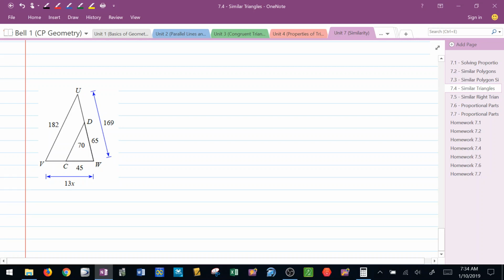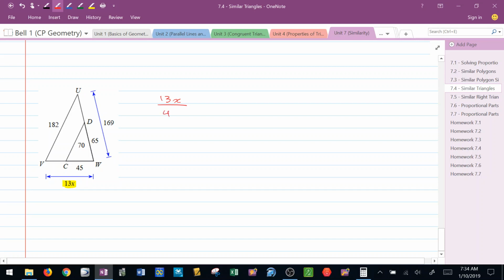I see a big triangle, little triangle scenario. I see 13x is one of the measurements of the sides of the bigger triangle. So I'm going to say, all right, 13x is what I want to start with. I always like to start with my variable first. I know that the big side over here has to match with the small side in the smaller triangle.